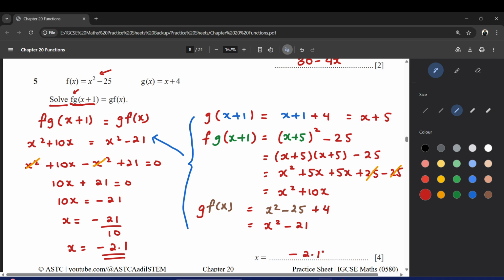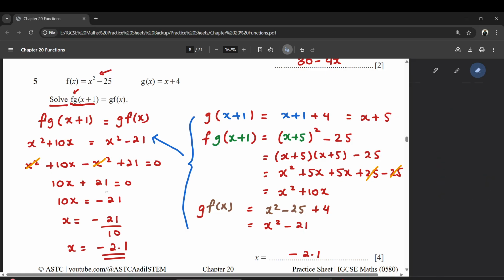All right, for this, because we needed to find out x, if over here you don't move minus 21, you only move x squared, that is also perfectly fine. For example, I can keep minus 21 on the other side without moving it.